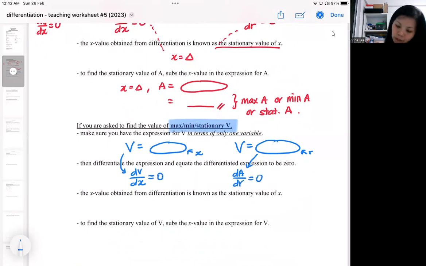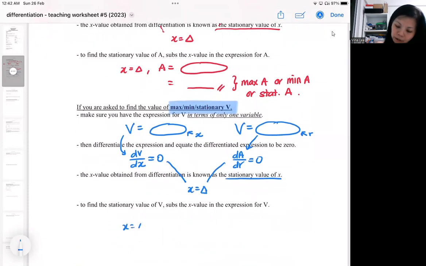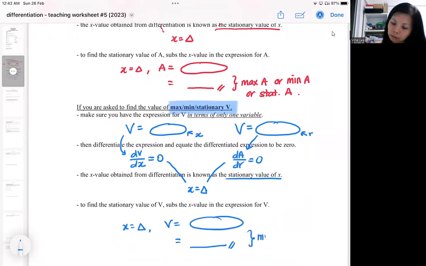Once you do that, you get the special x. That special x again is called the stationary value of x. And with the special x, you put it into your volume formula. This will be your minimum volume, or your maximum volume, or your stationary volume.